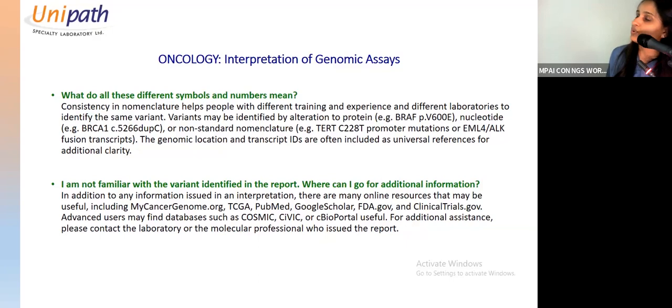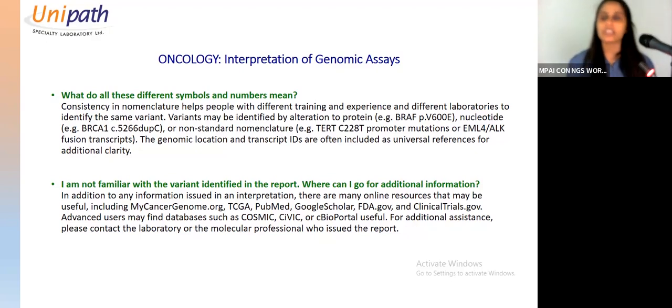Actually, there is an alteration in the region, and that's why this protein is getting altered. Right? And if you have a region, it can be shown like this, and even an ID. So there are certain ways of representing a fusion.